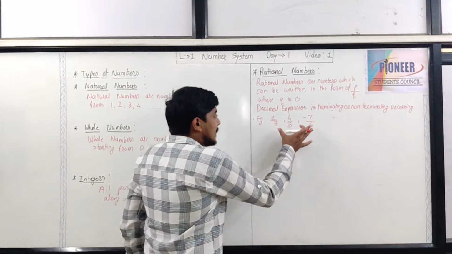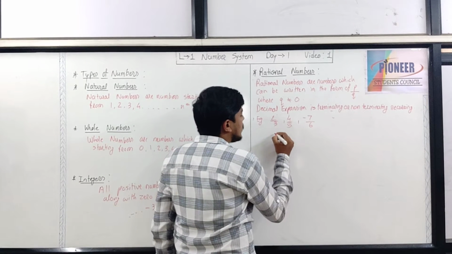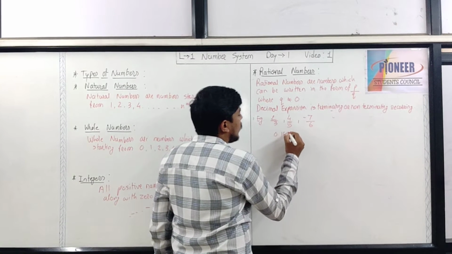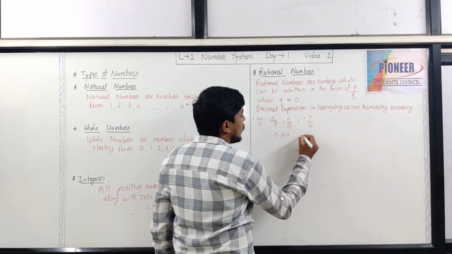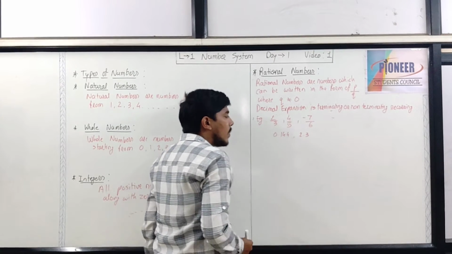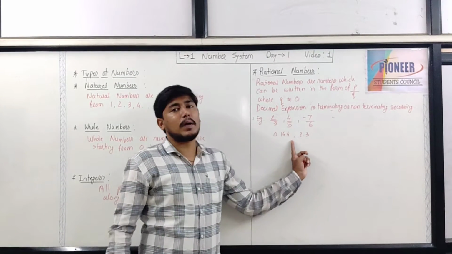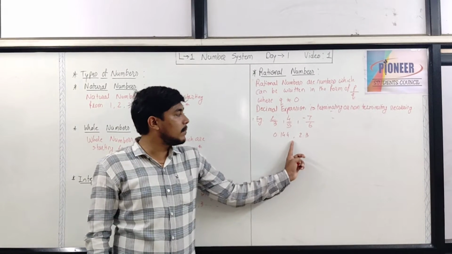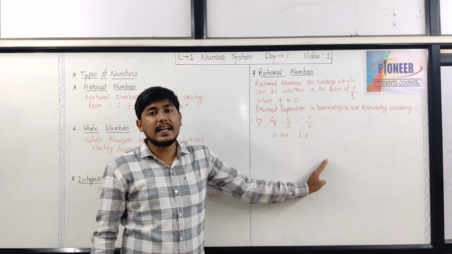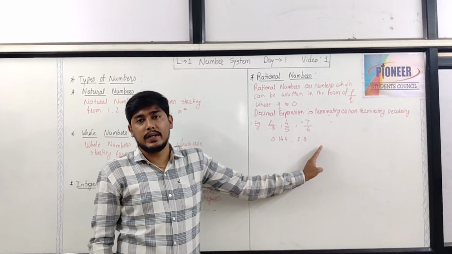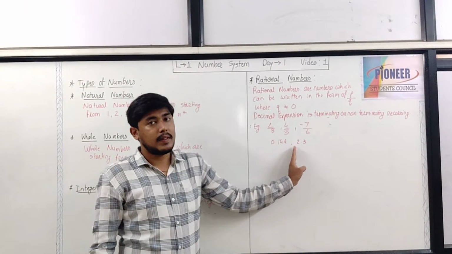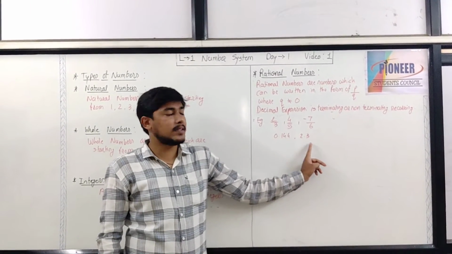But the decimal expansion of such numbers, just like 0.144 or 2.3, what is happening? This decimal form is stopping, ending at a particular point. So these numbers are rational numbers.